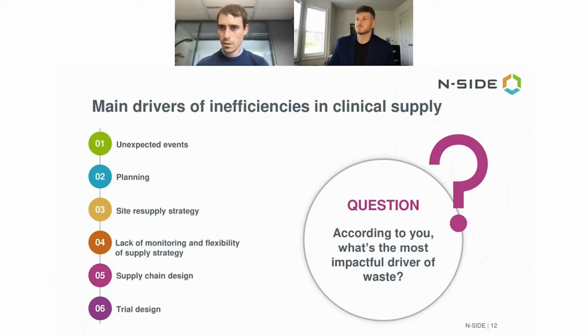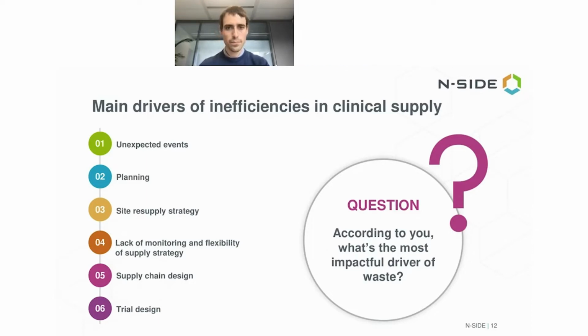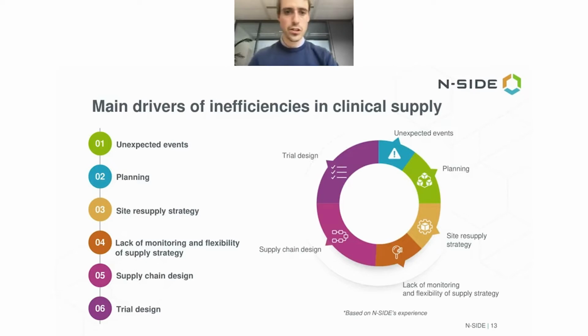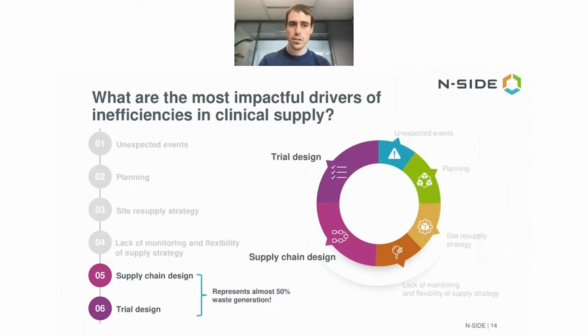All right, so the top 2 answers are unexpected events and supply chain design and trial design. And from our experience, this is the pie chart with the output of the analysis that we made. And what we can observe is that the supply chain design and trial design represents almost half of the waste generator factors, in a sense that that's really where you can impact significantly your future waste.